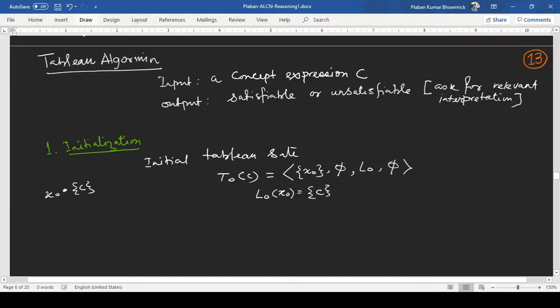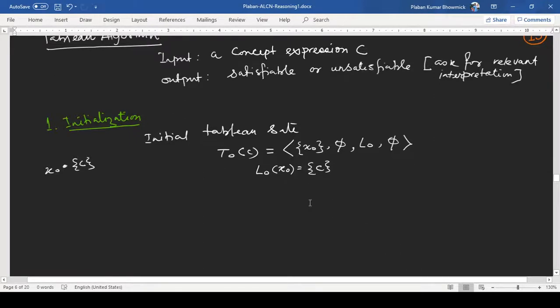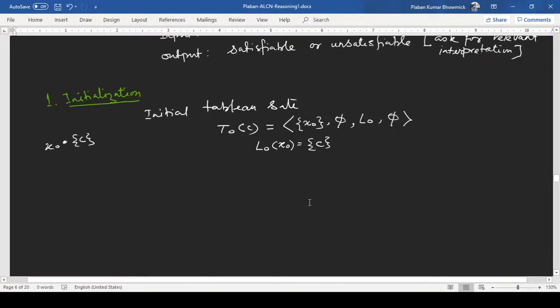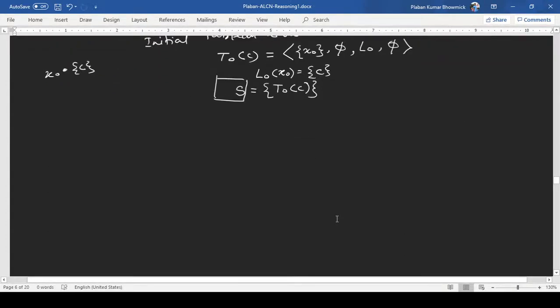And we don't have any L0 for edges because the set of edges is empty, and you are maintaining the set of states S. You will include this tableau state in the set of states. So this S is a set of states that your tableau algorithm will be maintaining, right?